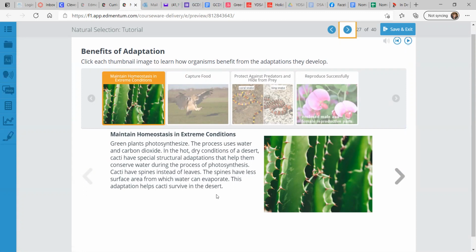In hot, dry conditions of a desert, cacti have special structural adaptations that help them conserve water during the process of photosynthesis. Cacti have spines instead of leaves. The spines have less surface area from which water can evaporate. This adaptation helps cacti survive in the desert.